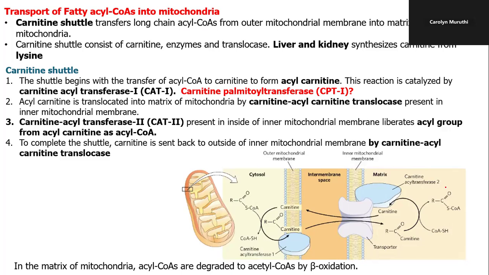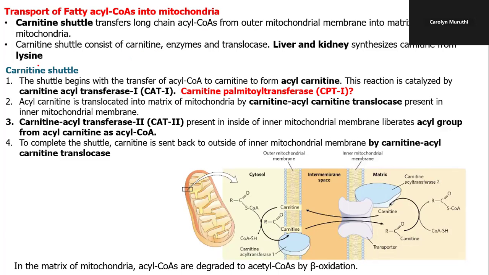And it's a well-coordinated transport system. And here we shall see that the carnitine shuttle will transfer the long-chain acyl-CoA from the outer mitochondrial membrane into the matrix of the mitochondria. And the shuttle consists of carnitine, enzymes, and also translocase.